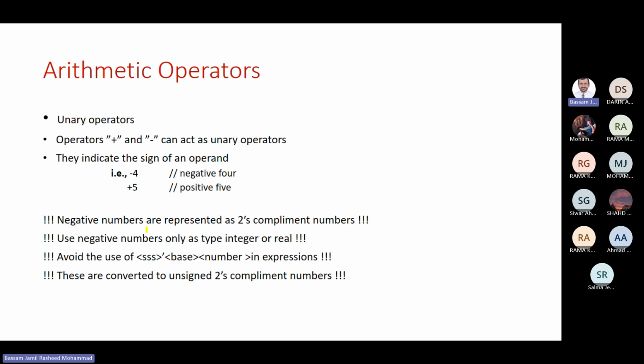Such fancy stuff will sometimes generate surprises, especially the negative one, because negative numbers are typically represented in two's complement. So you don't know what you are getting. Negative 4 is the two's complement of positive 4. These are the unary operators.